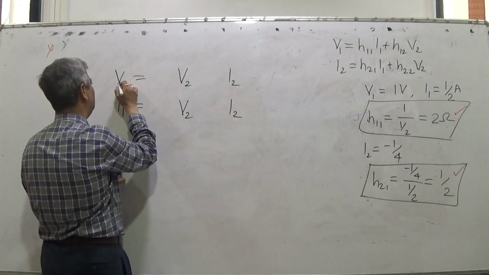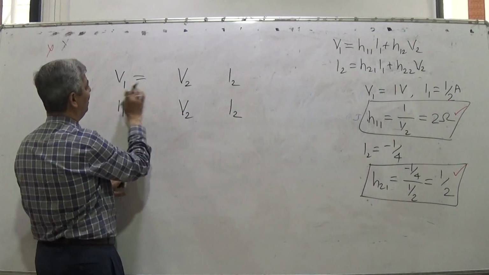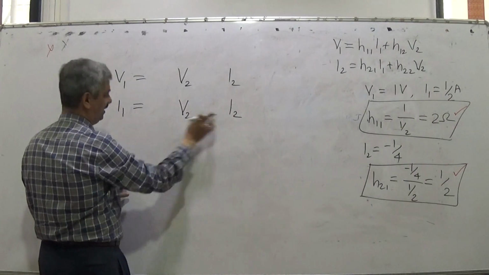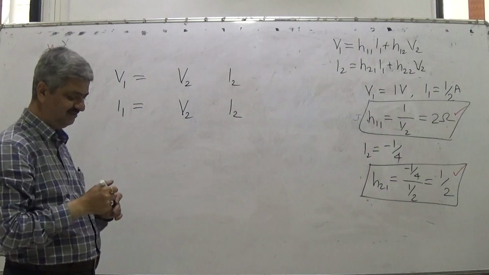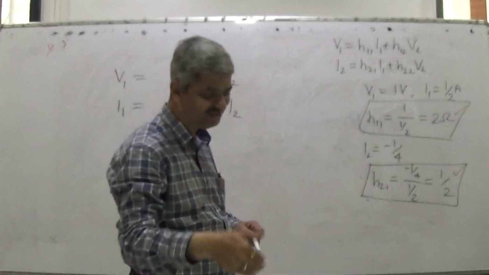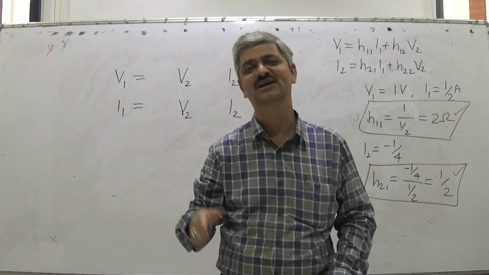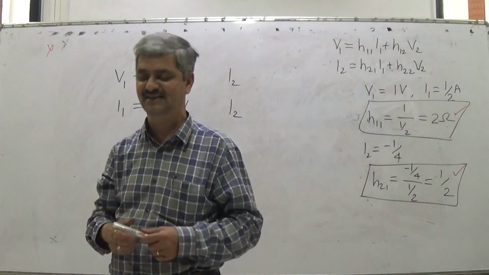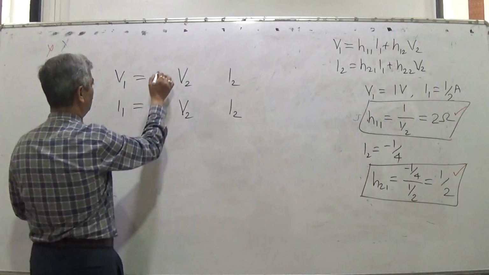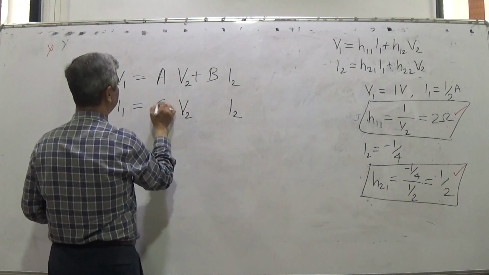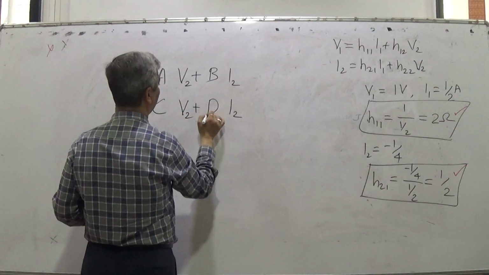There may be a problem that the convention of 11, 12, 21, 22 may not be followed. So they decided that instead of making it complicated, let us make it ABCD. So AV2 plus BI2 and CV2 plus DI2.